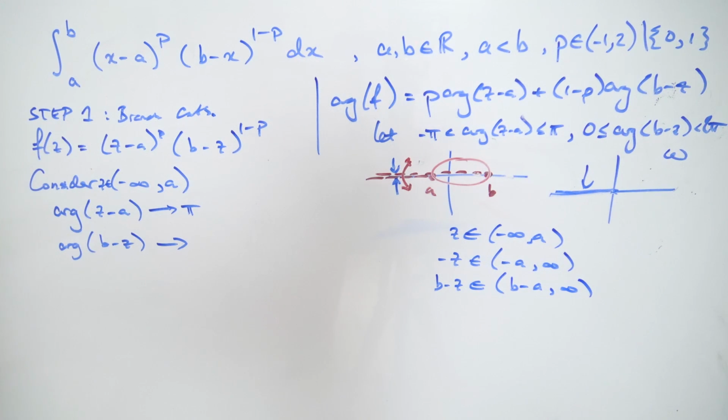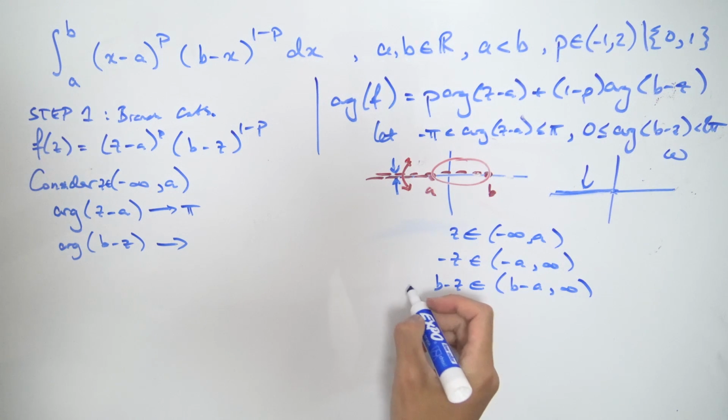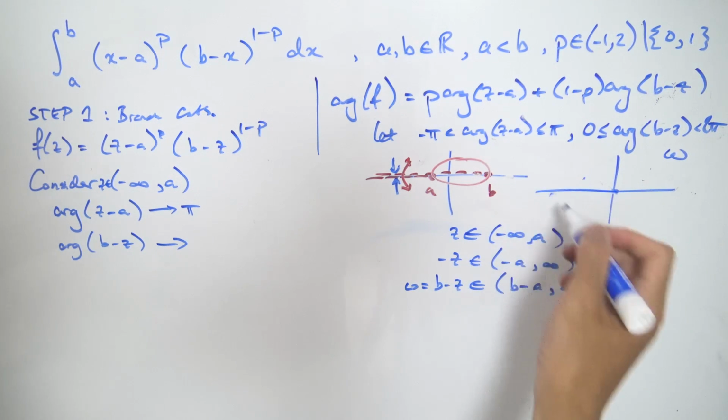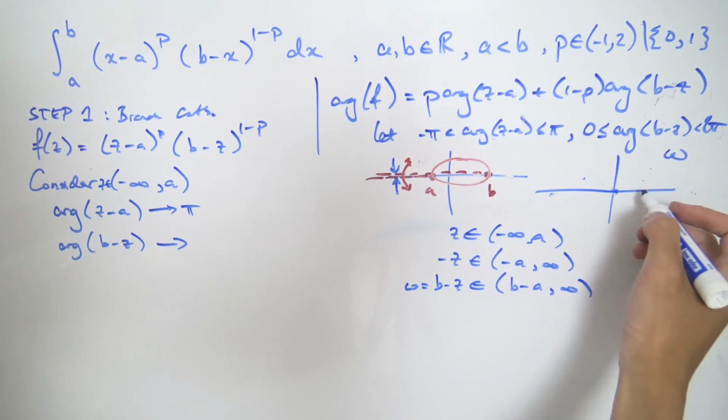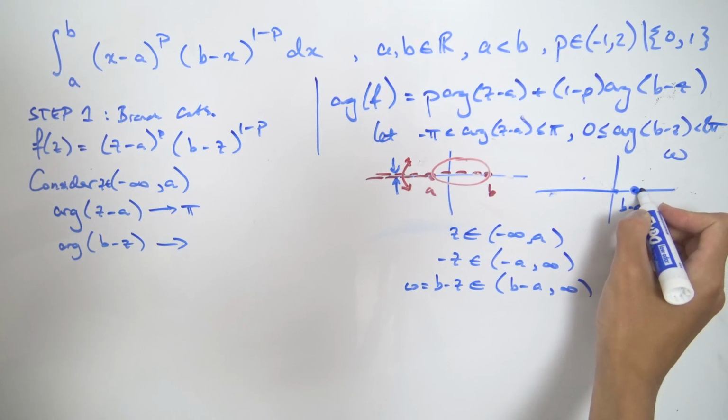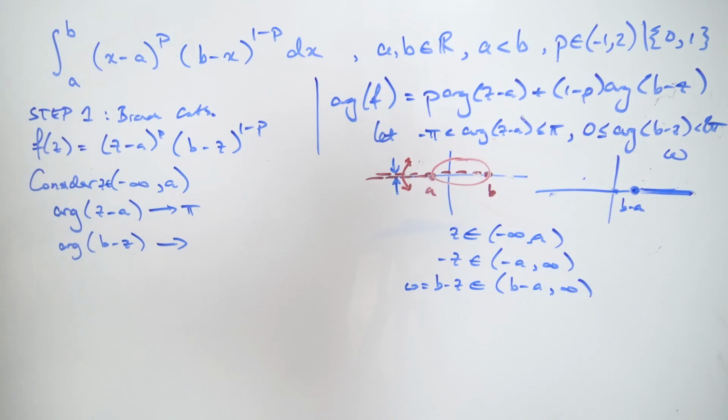And notice that b is greater than a, which means that, let's call this complex number w. If we look on the w plane once again, b minus a to infinity will start at some positive real number, b minus a, and then we're considering all the points that go up to infinity over there. And if z is approaching from above, that means the imaginary part is initially positive and reducing.